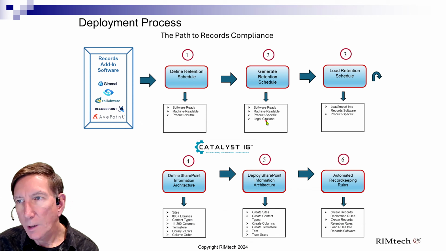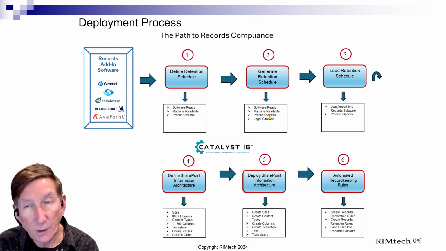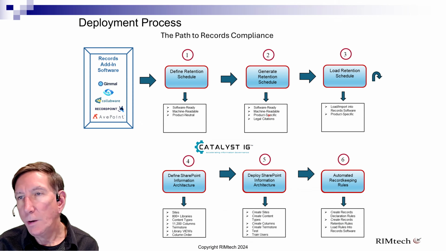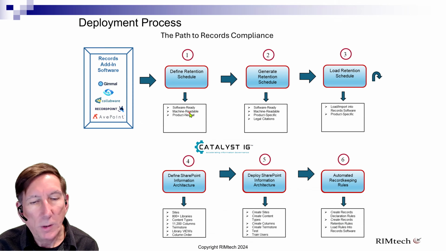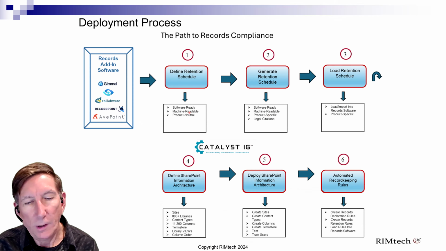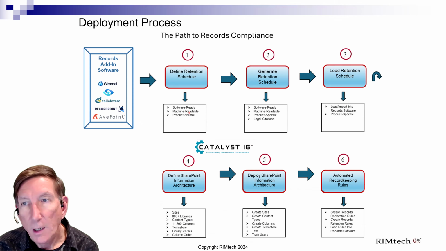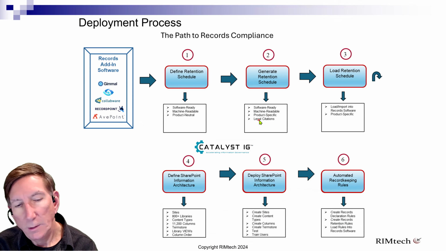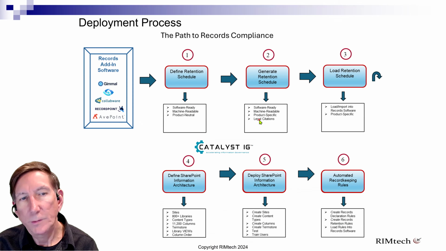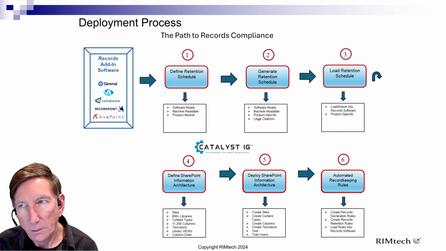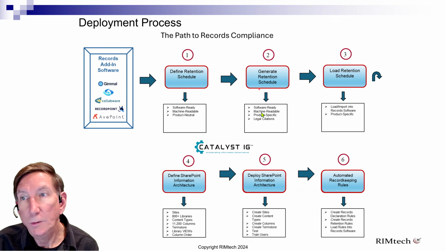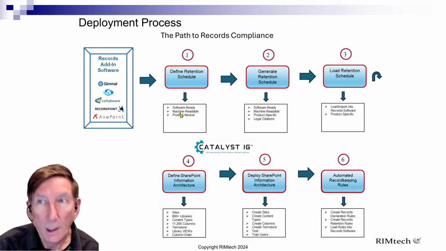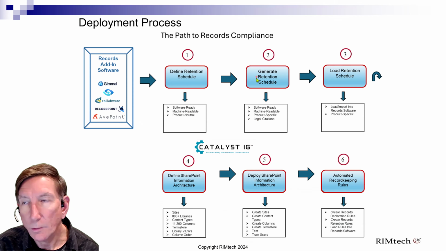Second step is you have to make it product specific because all 5 products have a different structure to the retention schedule. So what you cannot have is a retention schedule that has mushy stuff in it that's meant for users to read and understand. You have to have a retention schedule that no one will ever see, read, or experience. In other words, machine readable. It's only going to be used by the machine, not by humans. That's what you need to do in steps 1 and 2.